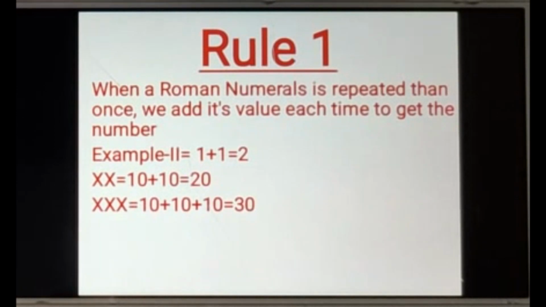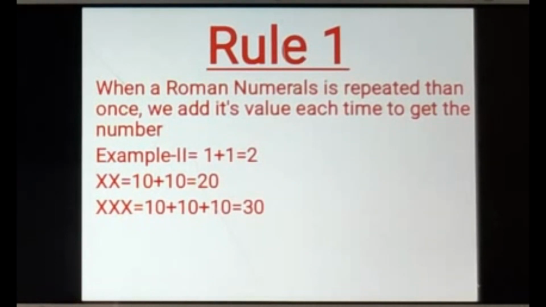Besides that, we should also know that a symbol should not be repeated more than 3 times. Also, the symbols V, L, D are never repeated, and there is no symbol for 0. You can see this X is repeated 3 times. Any symbol should not be repeated more than 3 times.